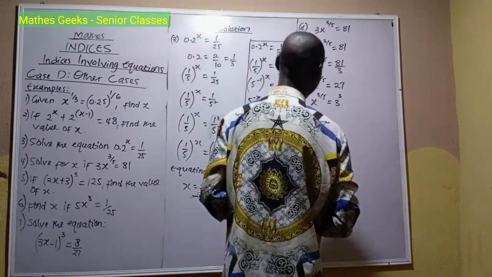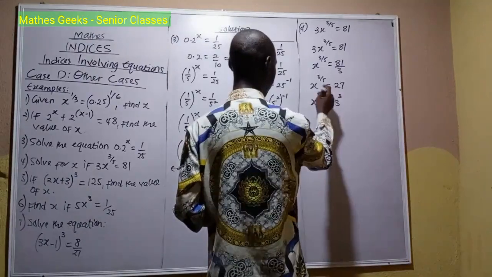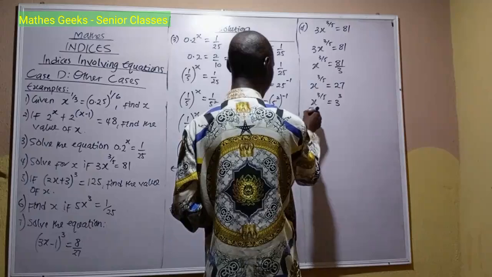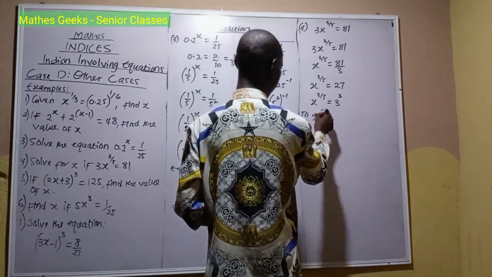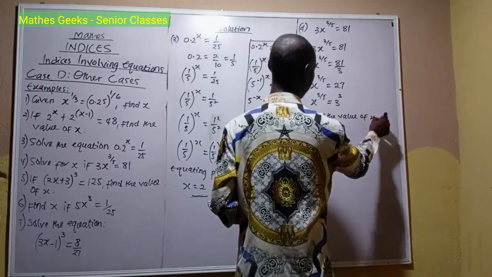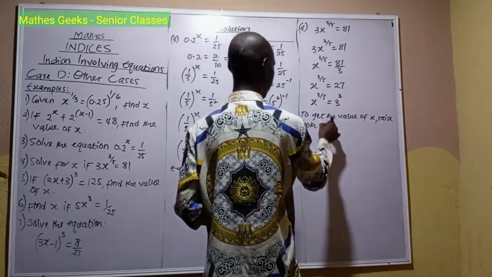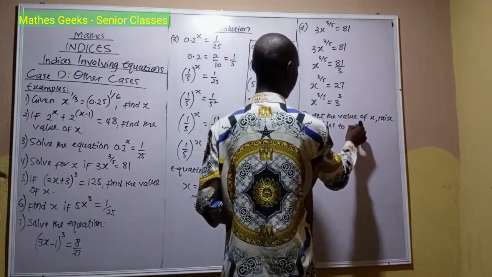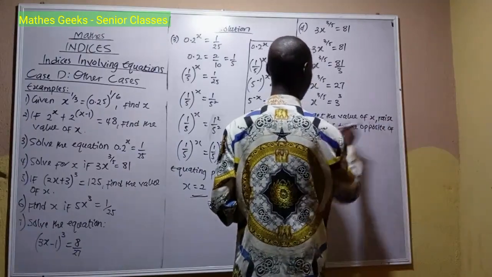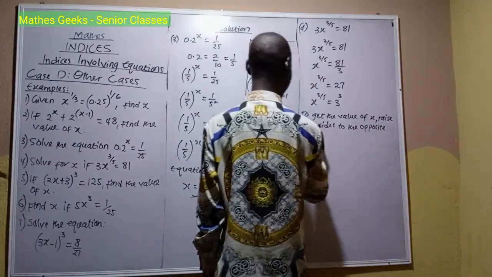So for us to be able to get the value of x here, we're going to raise both sides to the opposite of the power of x here. So to get the value of x, raise both sides to the opposite power of x.